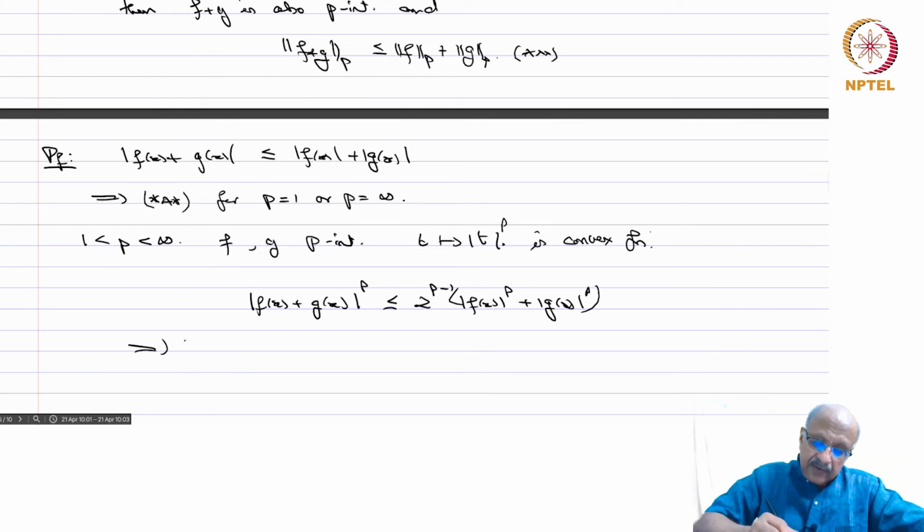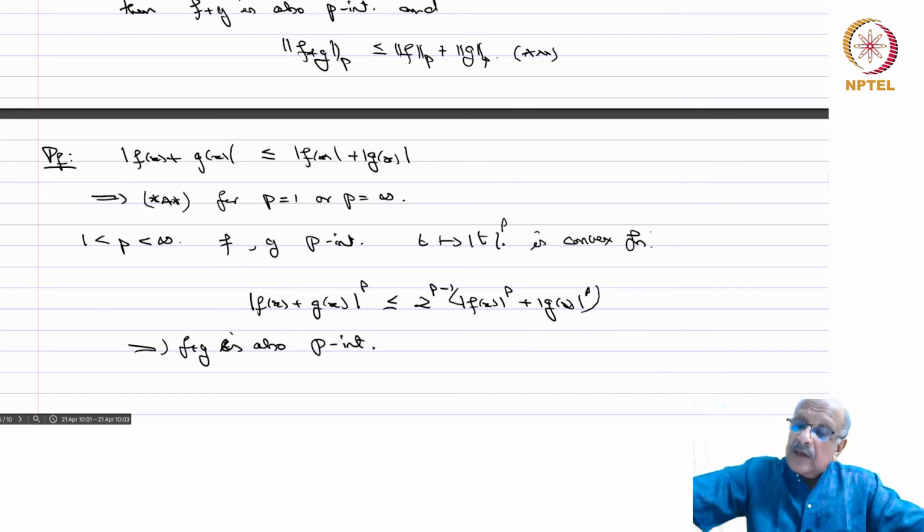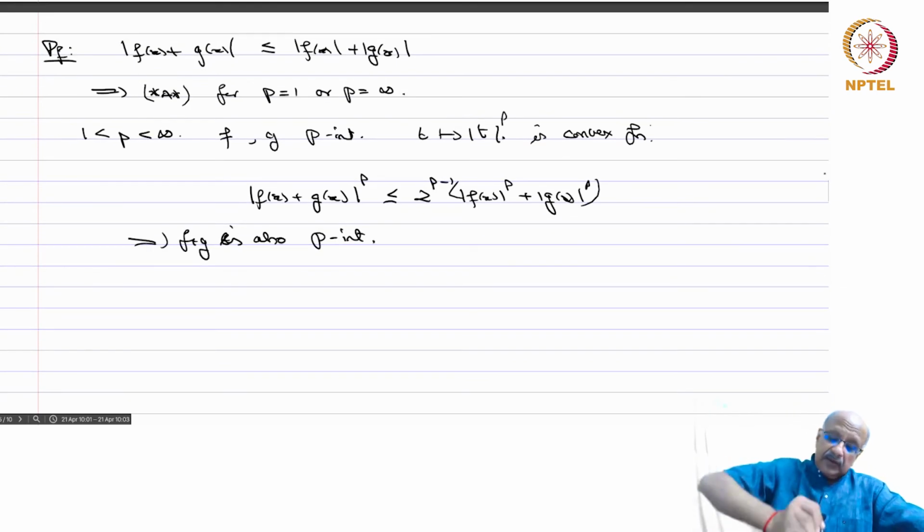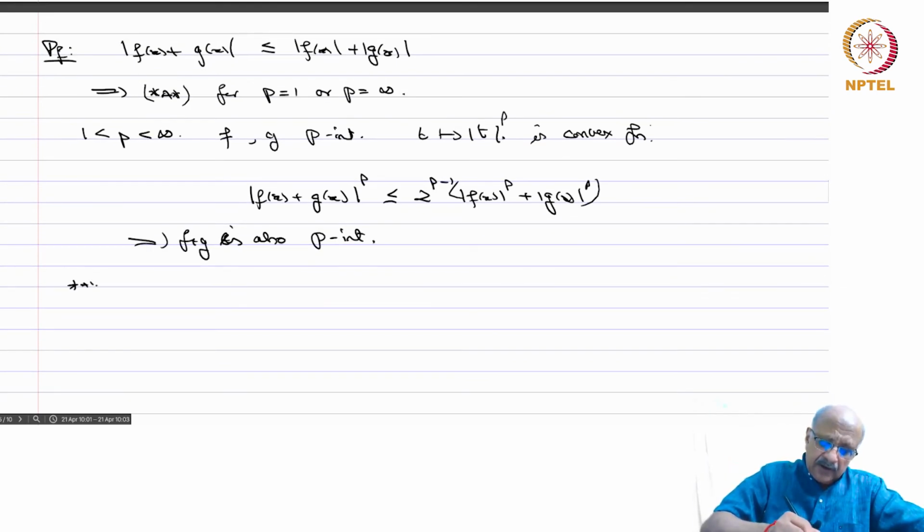So this implies that f plus g is also p-integrable. Just integrate both sides, you will get this. So triple star is trivial if ‖f+g‖_p is 0.